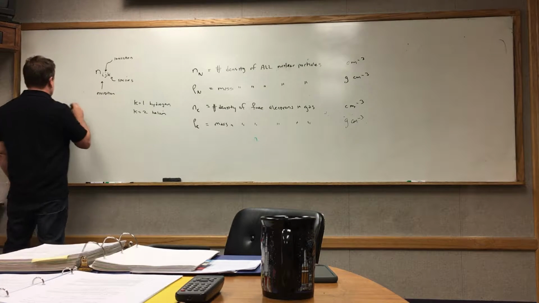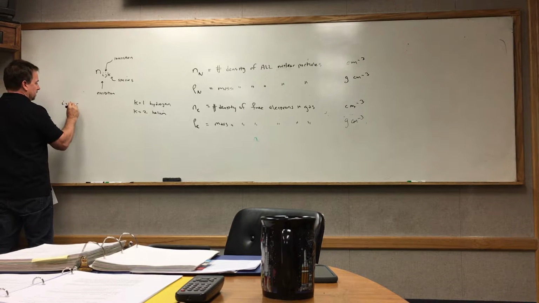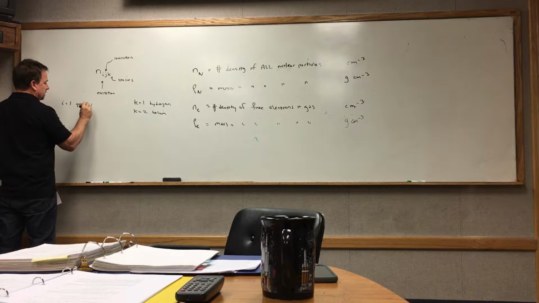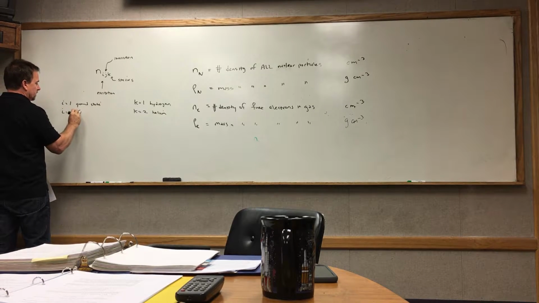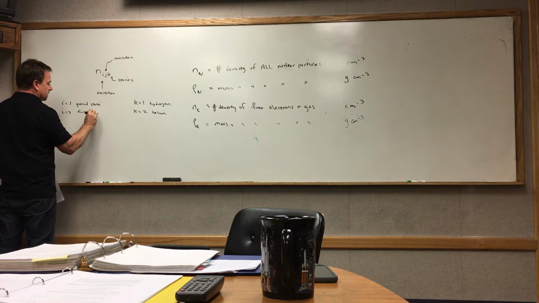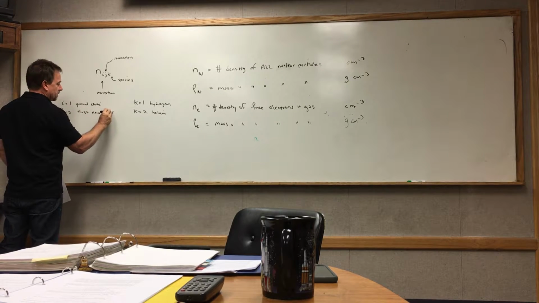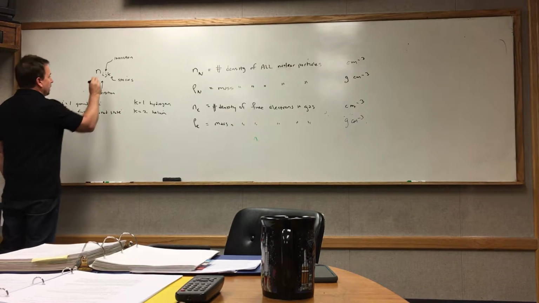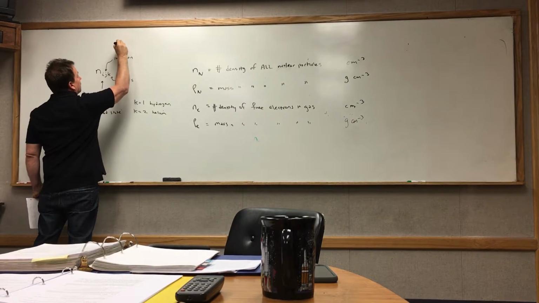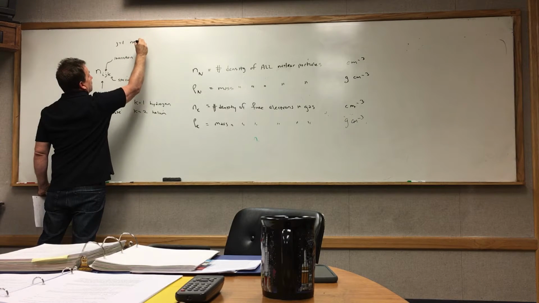I equals 1, ground state. I equals 2, first excited state, and so on. J equals 1, neutral.